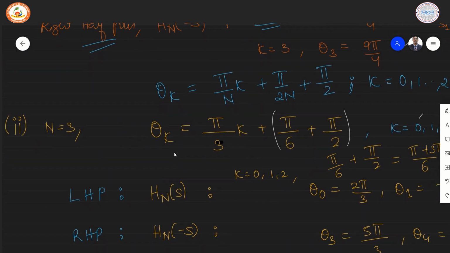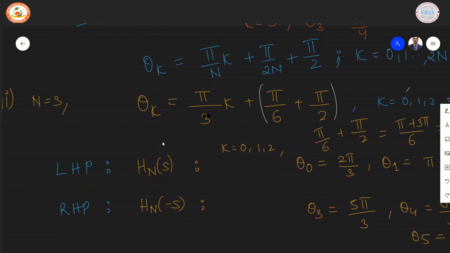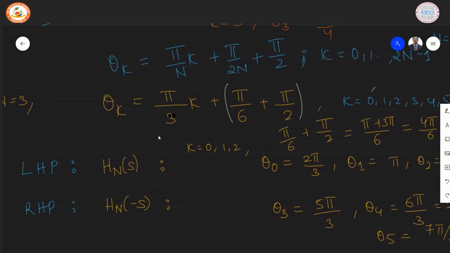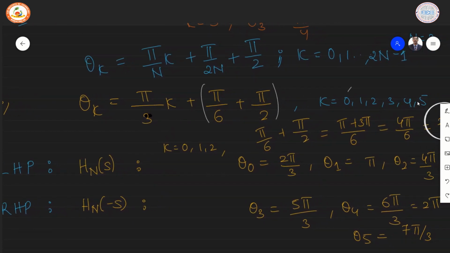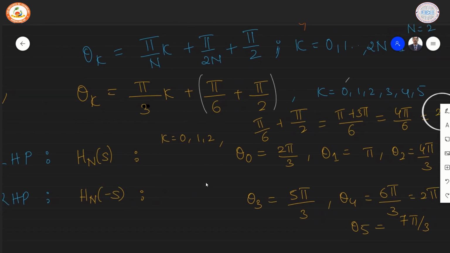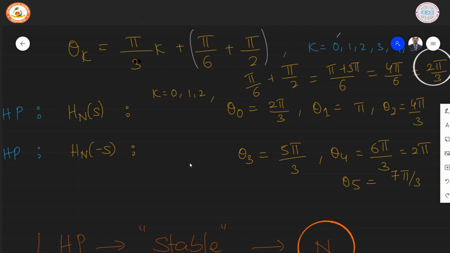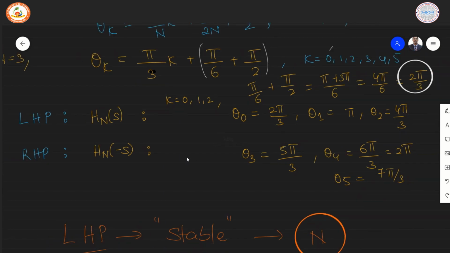A similar exercise can be carried out for order 3. n equal to 3 is the case where the value of n is an odd number. Now when n is equal to 3, the number of poles we'll get in total is 6, and the k value ranges from 0 to 5. Solving, we get 3 poles on the left half of the complex plane and 3 poles on the right half.